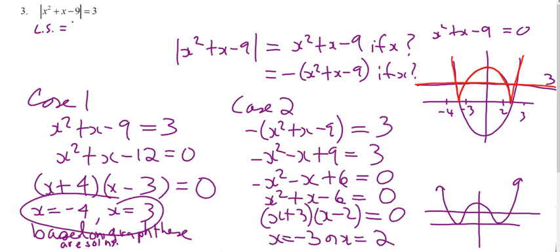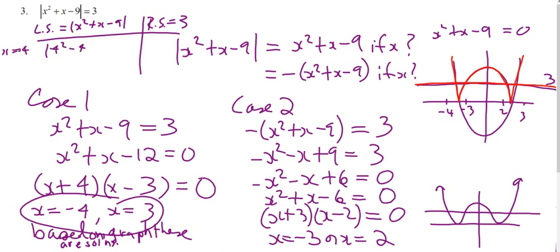The left side is equal to the absolute value of x squared plus x minus 9, and the right side is equal to 3. If you did x equals negative 4, you get negative 4 squared minus 4 minus 9, which would be 16 minus 13, which is 3. So it works for negative 4.